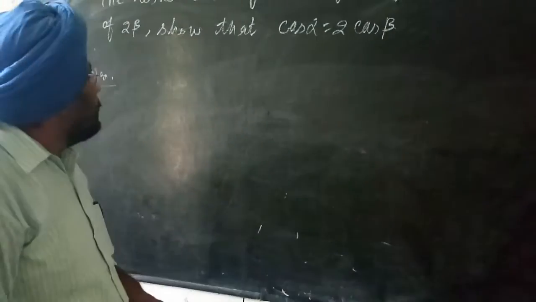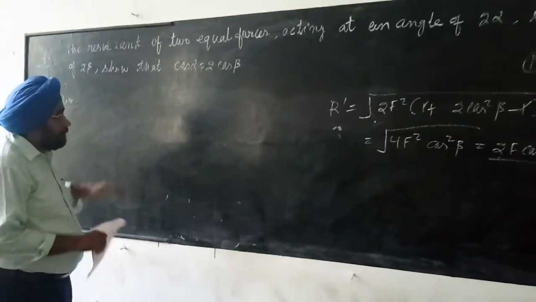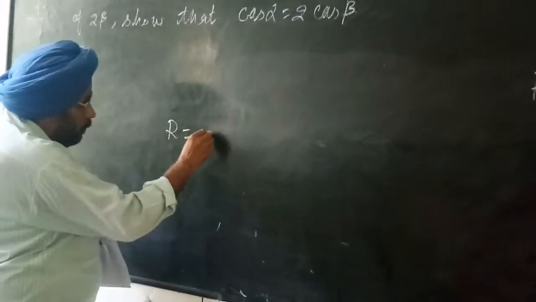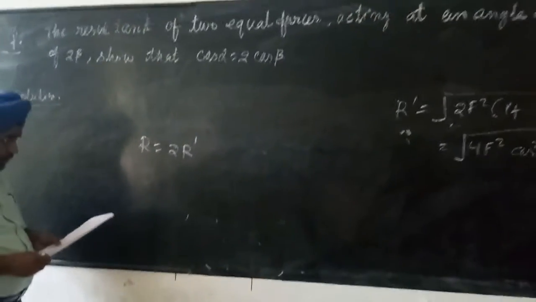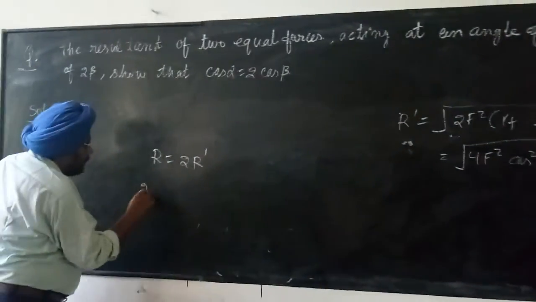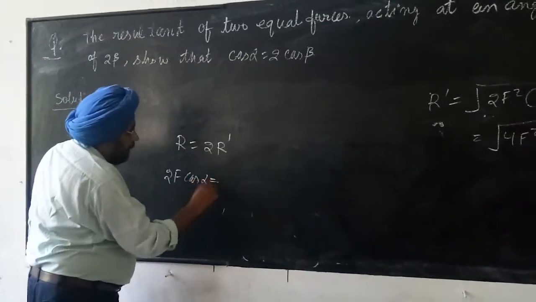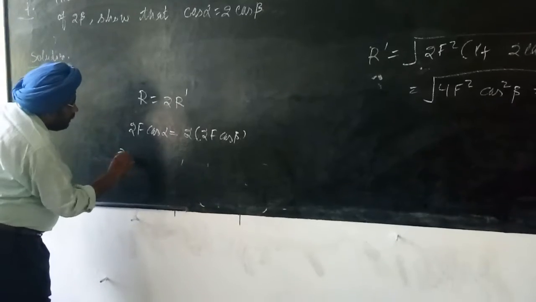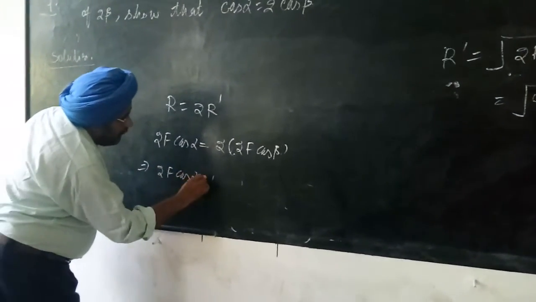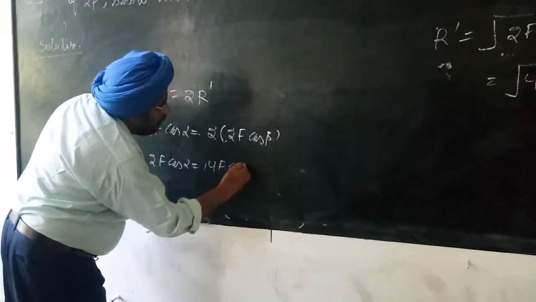It is given in the question that the resultant of the two forces acting at an angle of 2 alpha is twice as great as when they act at an angle of 2 beta. So it means R equals 2 R dash. So 2F cos alpha is equal to 4F cos beta.